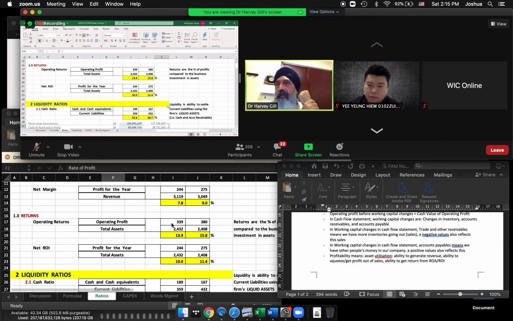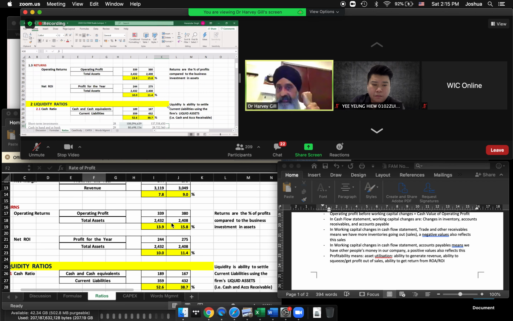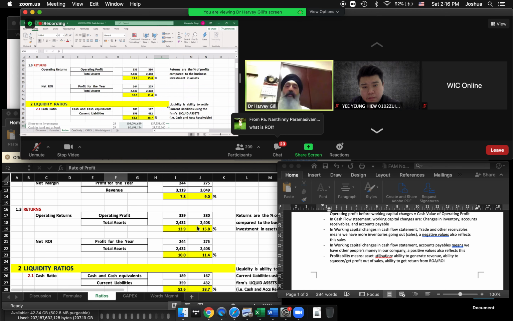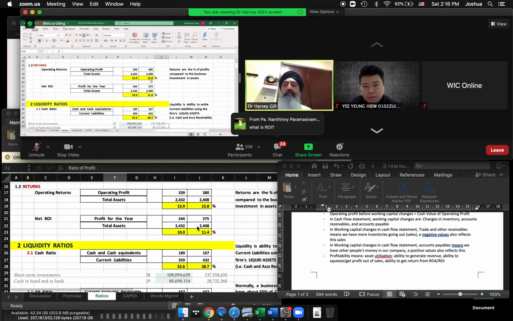If you talk to any intelligent investor, they will say to you, if I invest this money, for every dollar I invest, how many percent return can I get? And then they will compare that percentage return with what they are getting in the open market. So here you see, last year the percentage return in terms of operating profit was 15.8, and this year it has fallen to 13.9.